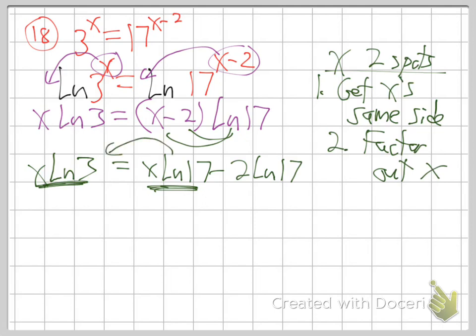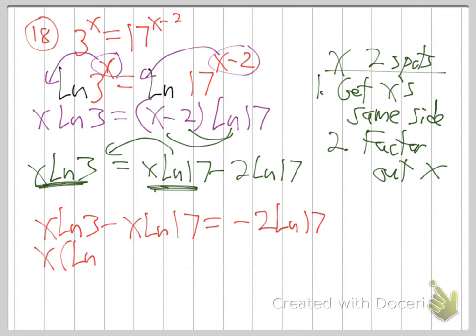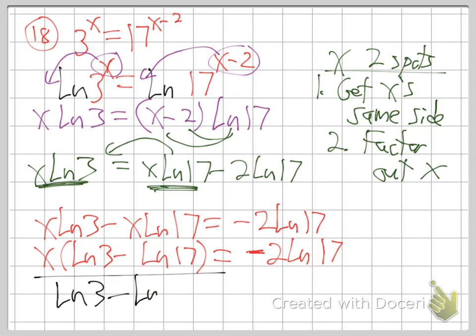So jump this over, and we'll have x ln 3 minus x ln 17 is minus 2 ln 17. And then factor out that x. Yeah, and then we'll divide. Last step, divide.